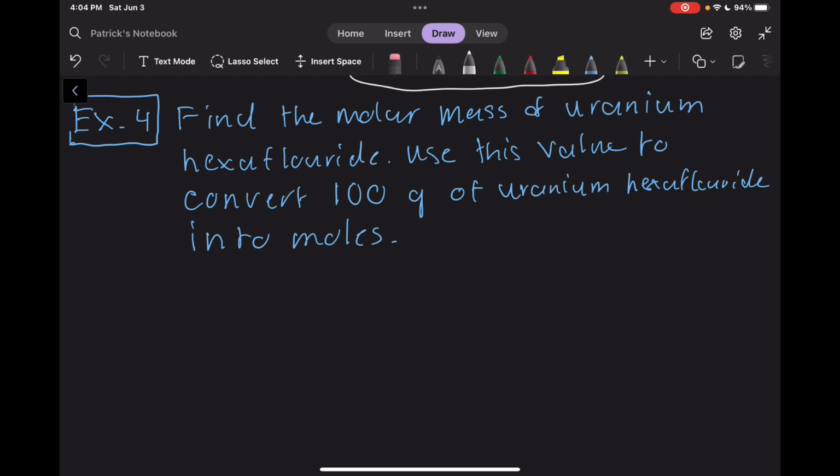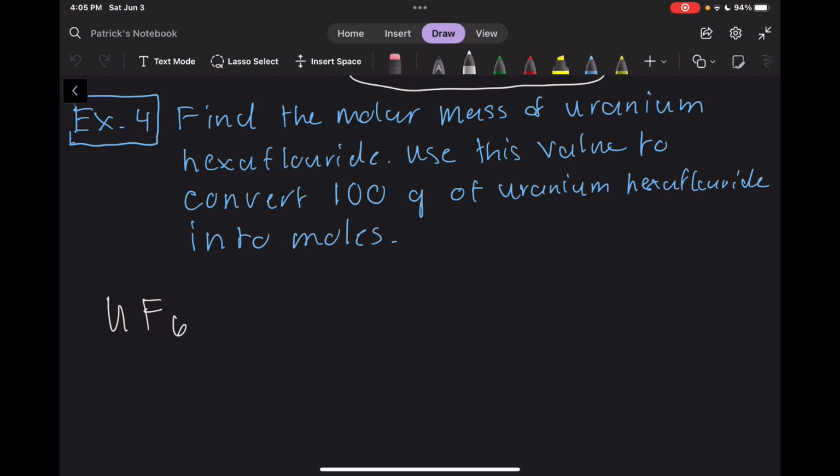Uranium hexafluoride has a formula of UF6. According to the periodic table, the atomic weight of uranium is about 238, and the atomic weight of fluorine is about 19. Again, we're rounding to the nearest whole number here.